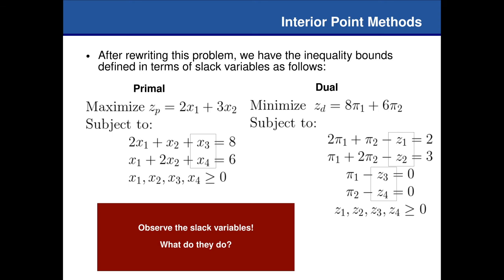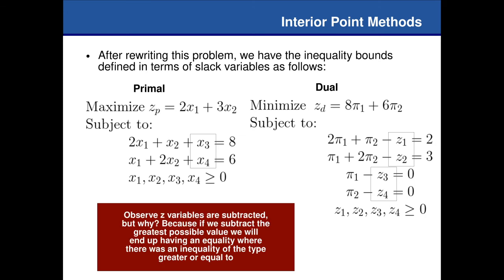I do not have the perfect solution because I'm not completely touching my constraints, as if those x3, x4, and all those z1, z2, z3, and z4 were equal to 0, of course.